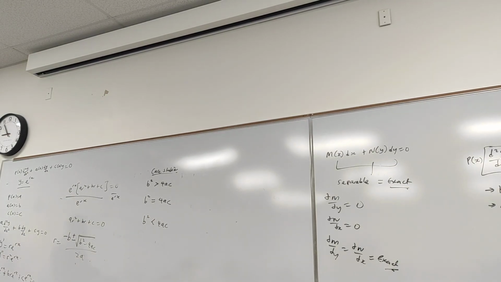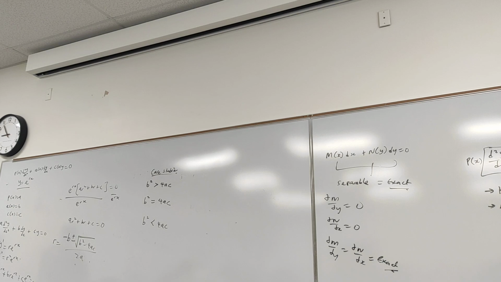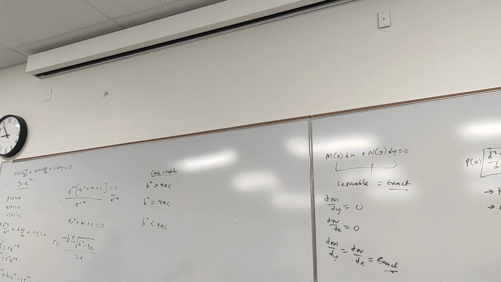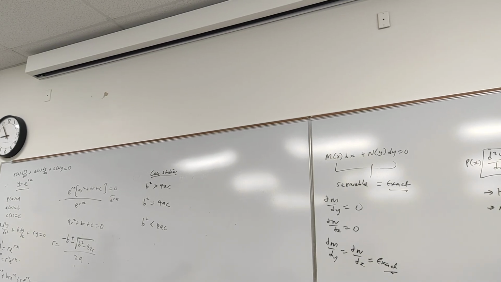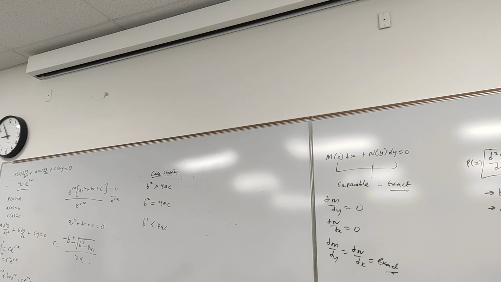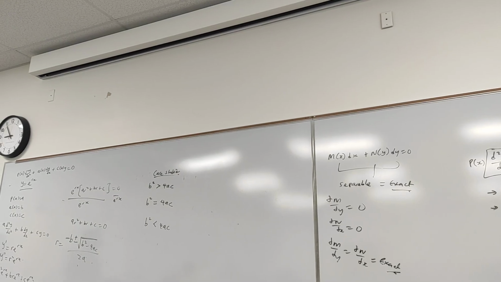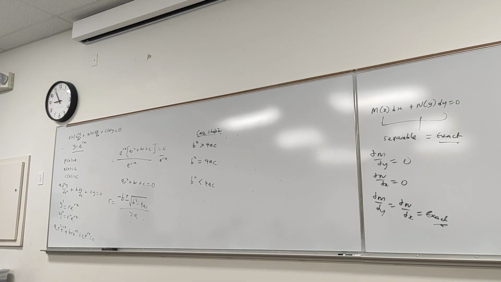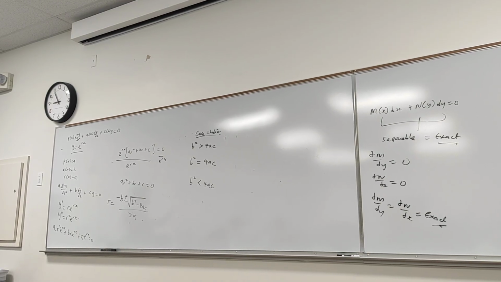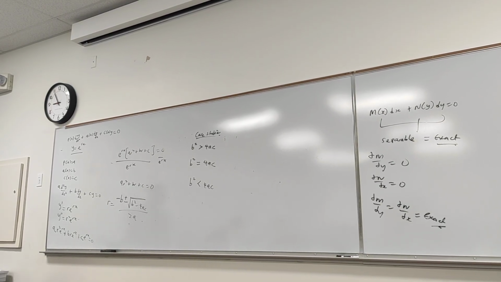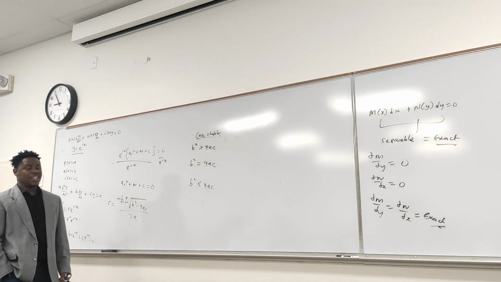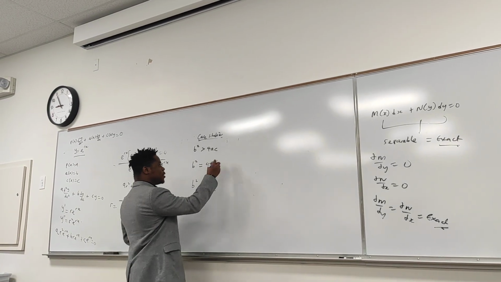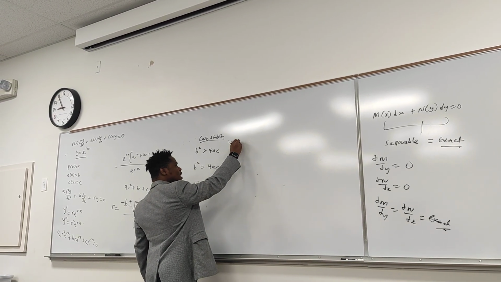Let me take you back. When b squared is greater than 4ac, what kind of root would you have? Two real roots, is that what you said? Yes. So you have two real roots, which are R1 and R2.